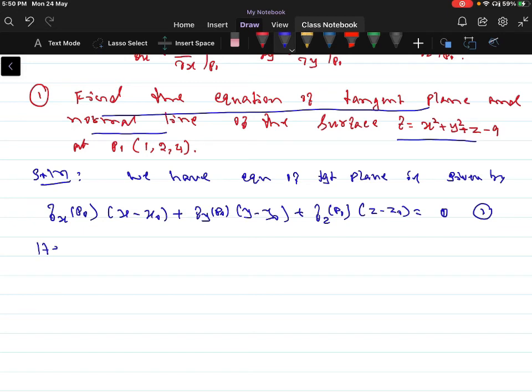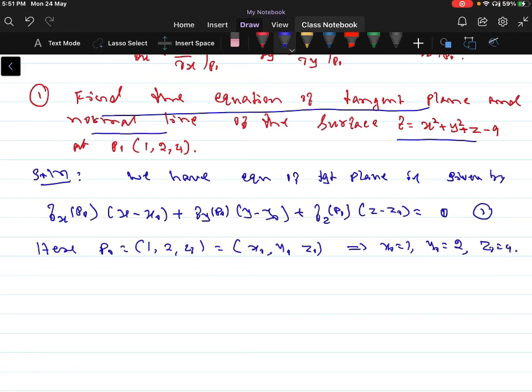Here, p naught is equal to 1, 2, 4, where x naught is 1, y naught is 2, and z naught is 4. That is x naught comma y naught comma z naught. So this implies x naught is equal to 1, y naught is equal to 2, and z naught is equal to 4.